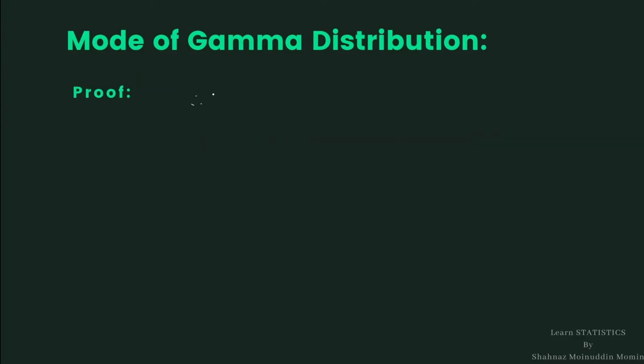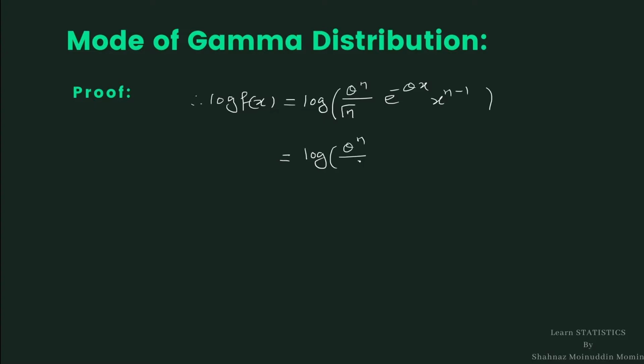Therefore, log of f(x) equals log of theta raised to n, gamma n, e raised to minus theta x, x raised to n minus 1, which is equal to log of theta raised to n divided by gamma n.